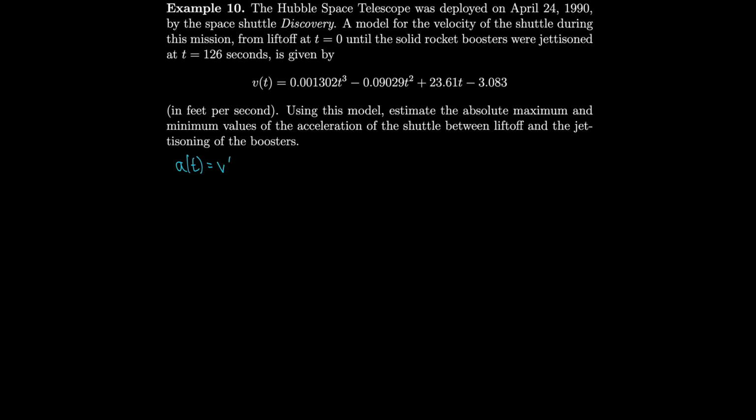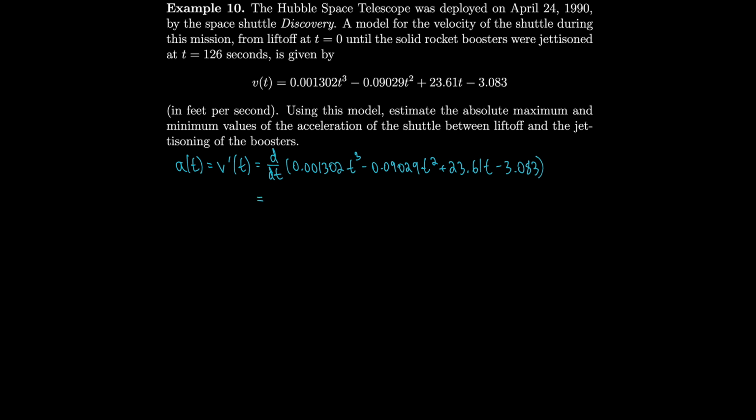So acceleration will be the derivative of velocity. So that's the derivative of 0.001302 t cubed minus 0.09029 t squared plus 23.61t minus 3.083.